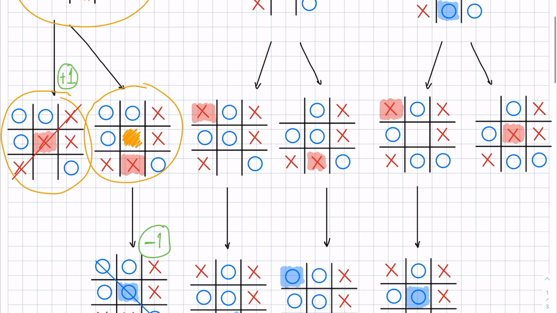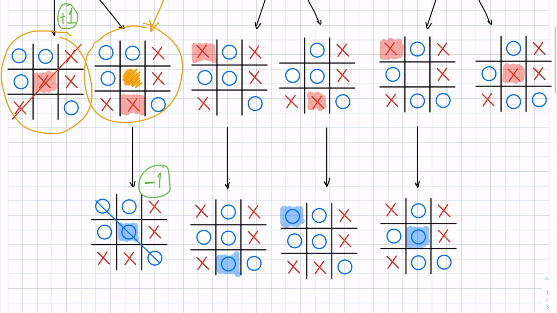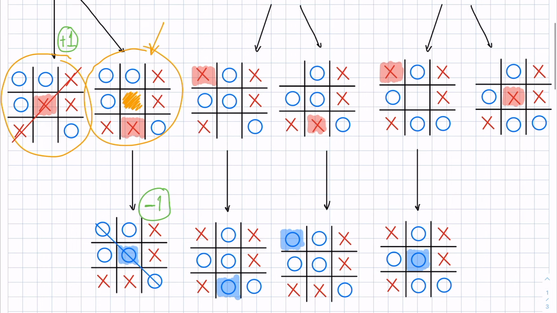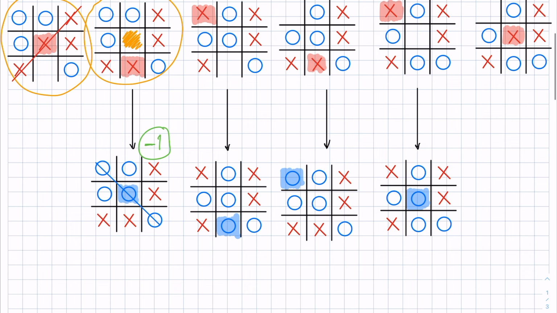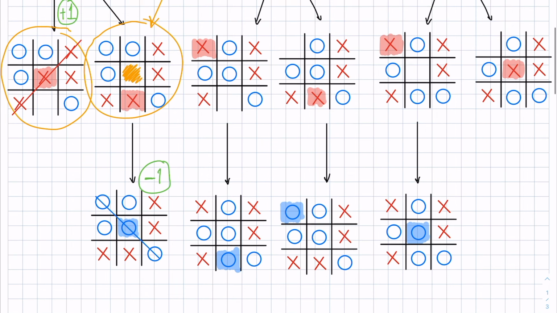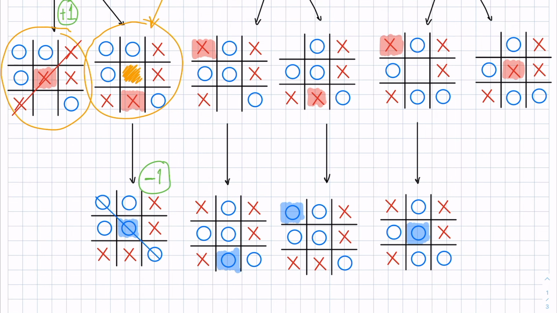Now this board, this one right here, is going to choose. So I want you to think of the player that is going to make the next move on this board. In this case, the minimizing player, right? As you can see, the minimizing player was the one which made that move. Now, what does the minimizing player want?